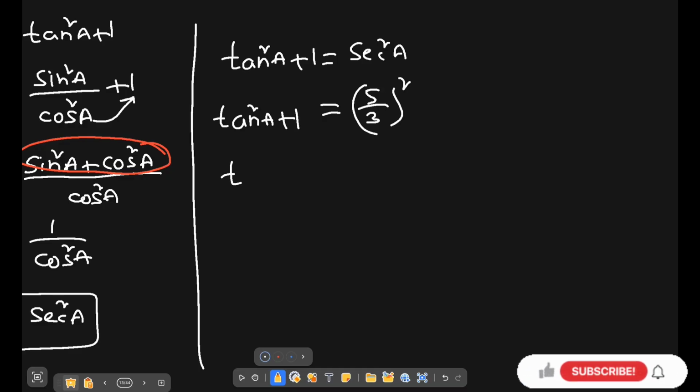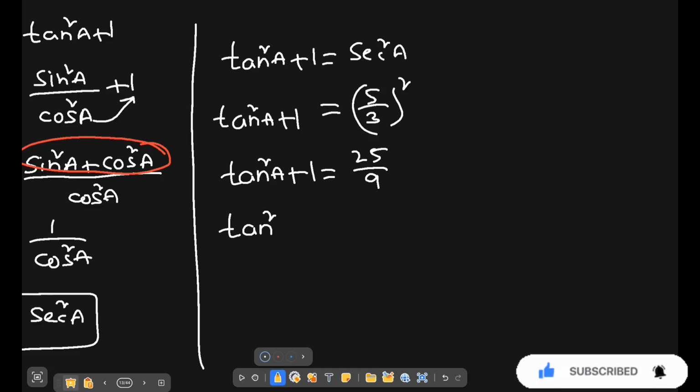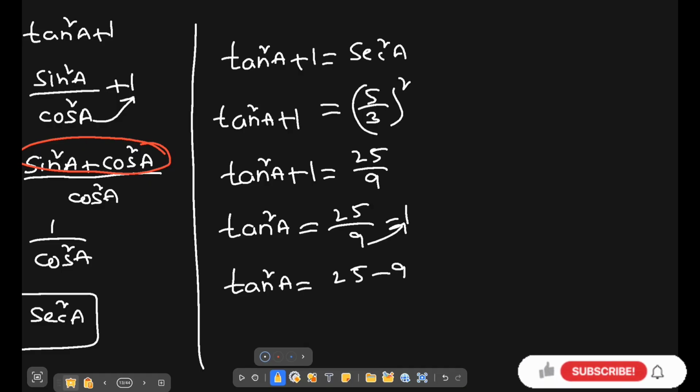Now tan square a plus 1 is equal to 5 square is 25, 3 square is 9. Send plus 1 to the right side. It becomes tan square a is equal to 25 by 9 minus 1. Multiply this: tan square a is equal to 25 minus 1 into 9, minus 9, whole by 9.